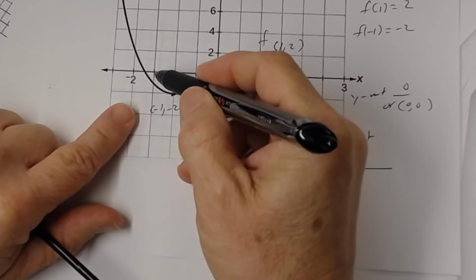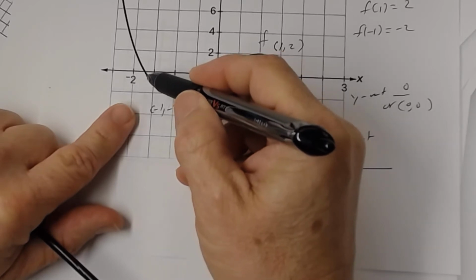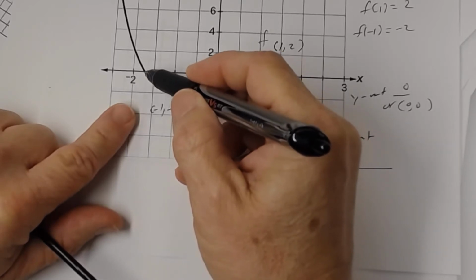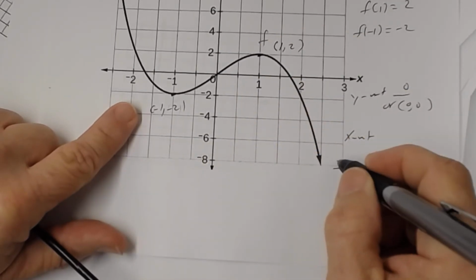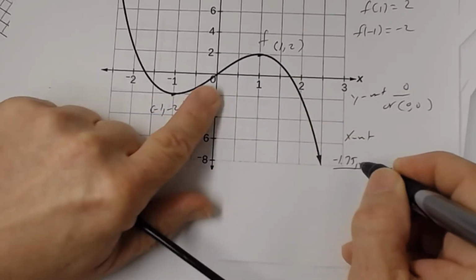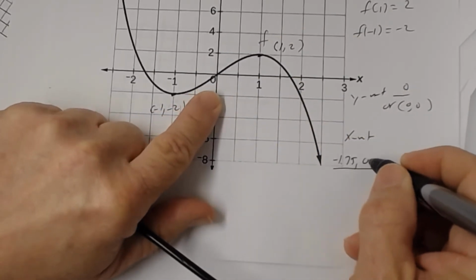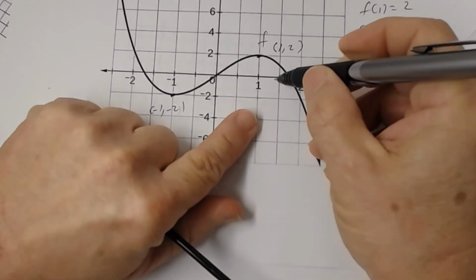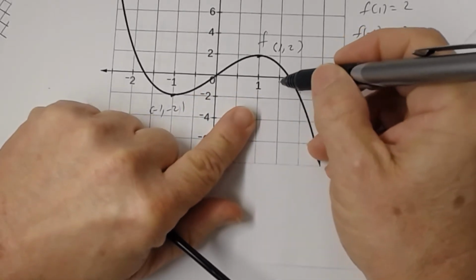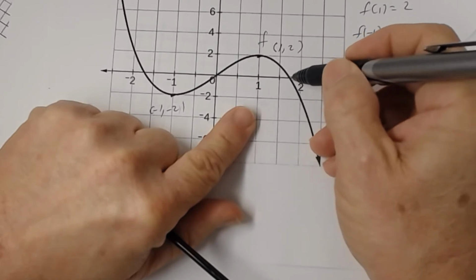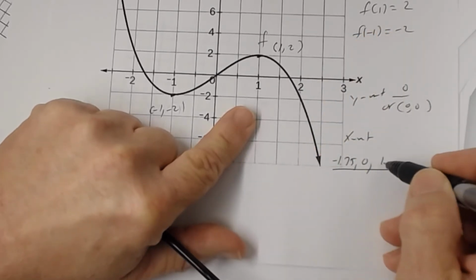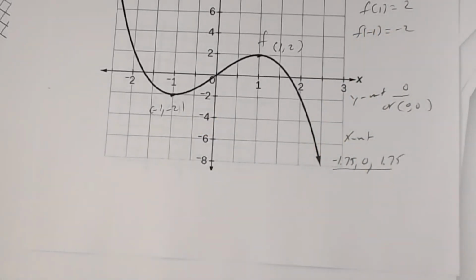This is negative 1.5 here, right? So that's about negative 1.75 maybe? Y'all agree? And this one is obviously what? 0. And this one, be careful, this is 1, this is 2, this is 1.5, so about 1.75. All right, so those are your x-intercepts.